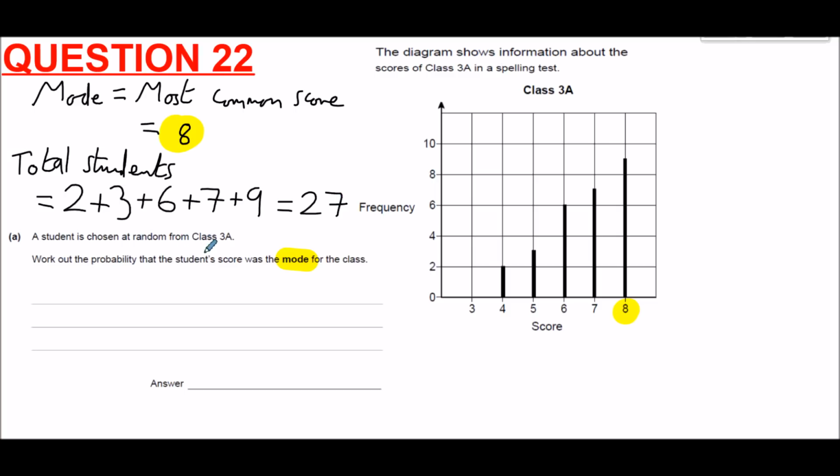And so, of those 27 students, how many scored the mode? Well, how many scored the mode, which was 8? We can have a look at this by just doing a line across. And as I said before, there were 9 students that scored the mode.